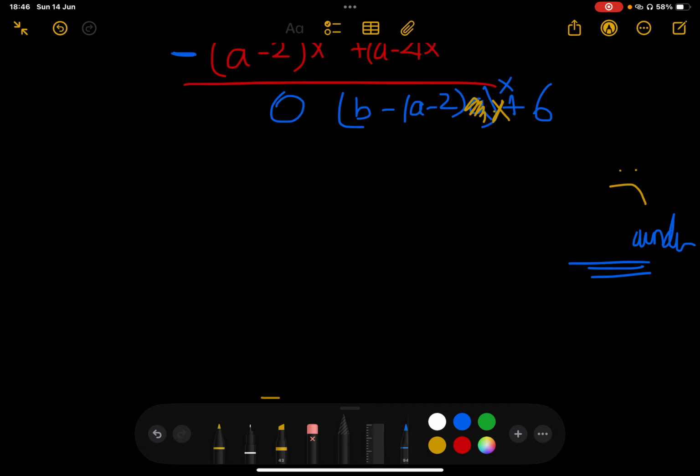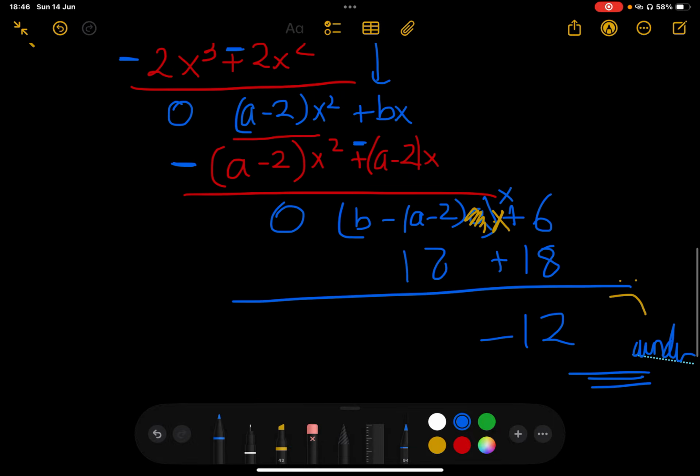Sorry, I want a remainder of minus 12. To get from 6 to minus 12, we need a minus 18. That should originally be a plus 18. So we have 18x plus 18. So that when I change the sign, 6 minus 18 will give minus 12, and this should give 0.